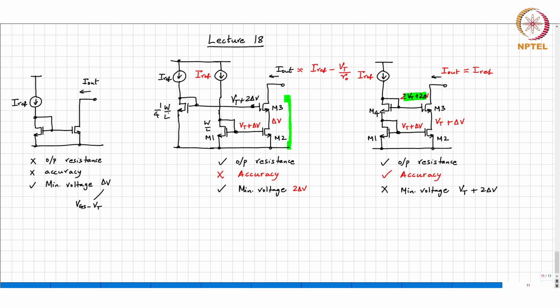the output resistance of this is what is called the high swing cascode.